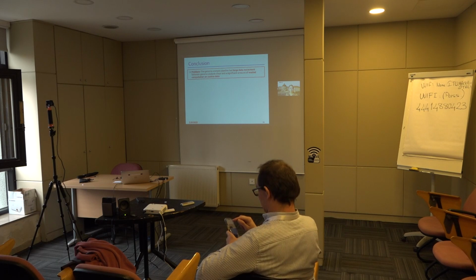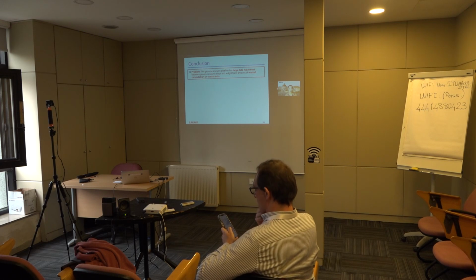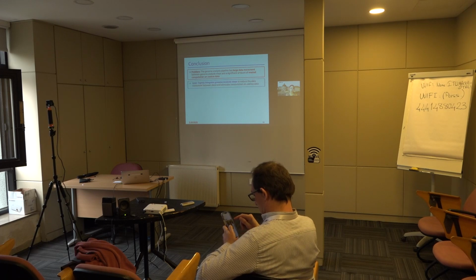The problem this project targets is that the genome analysis pipeline has large data movement between each genome analysis step, and there's also a significant amount of wasted computation on useless data. So our goal is to tightly integrate genome analysis steps to reduce the data movement between the steps and eliminate the computation of useless data.